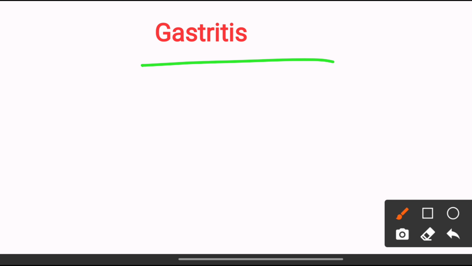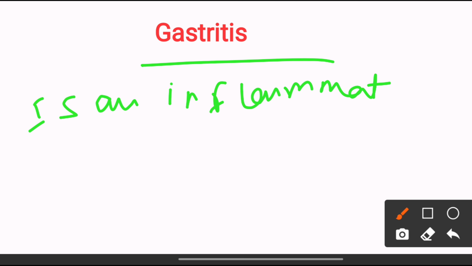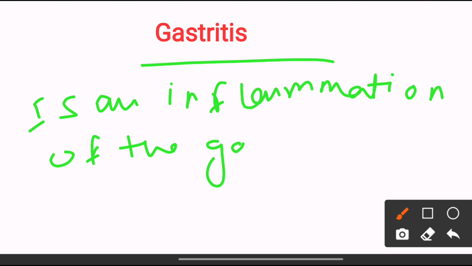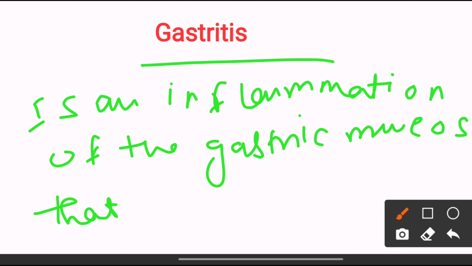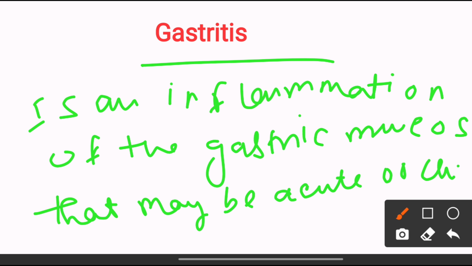Gastritis. What is meant by gastritis? Gastritis is an inflammation of the gastric mucosa that may be acute or chronic.